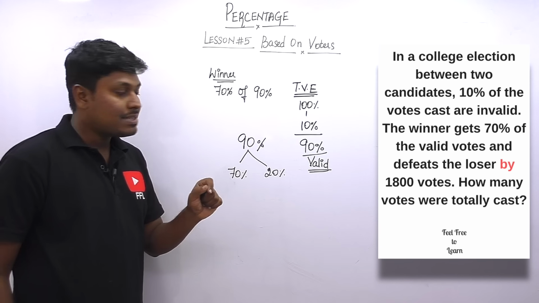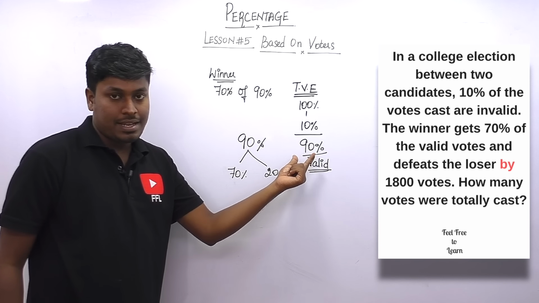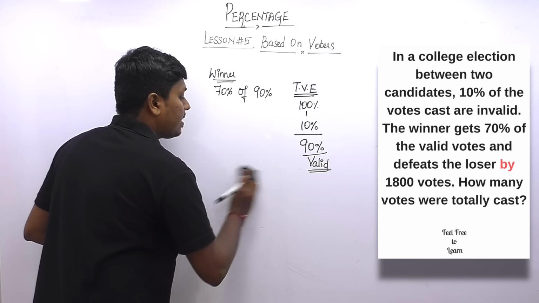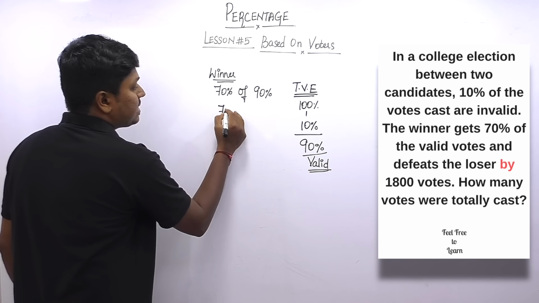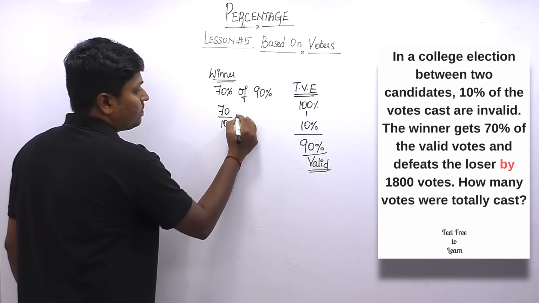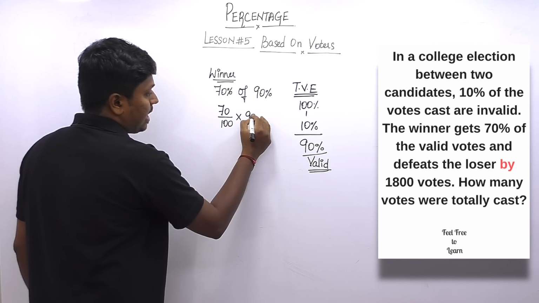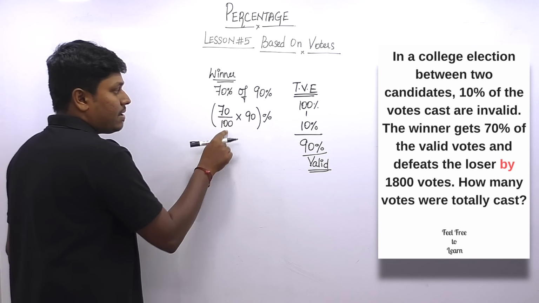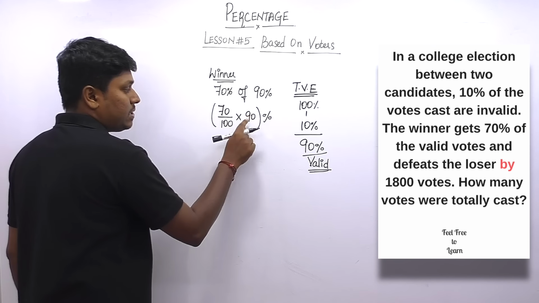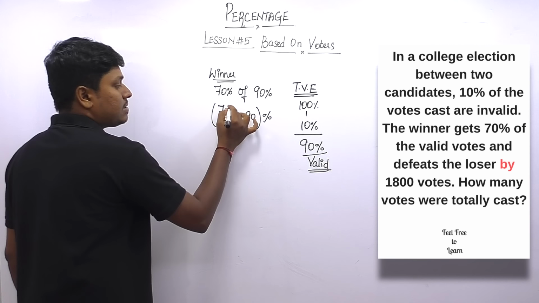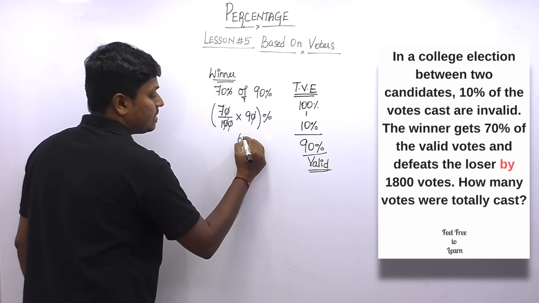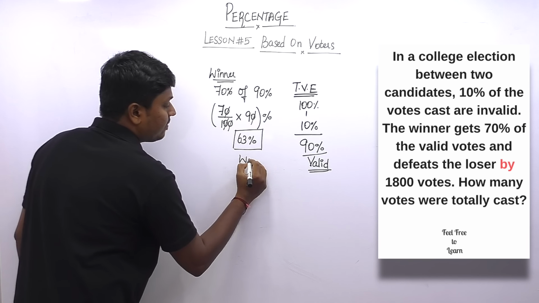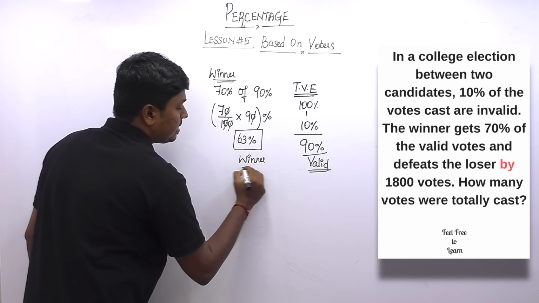What they are saying is, out of this 90%, the winner got 70%, which means you should calculate like this. So 70% can be written as 70 by 100 of, which is multiplication, 90. This is the thing that I have told you in the basics, right? 70 by 100 into 90. So this can be written as 9 sevens are 63. So finally, now we can say that the winner got 63%. Friends, got it?